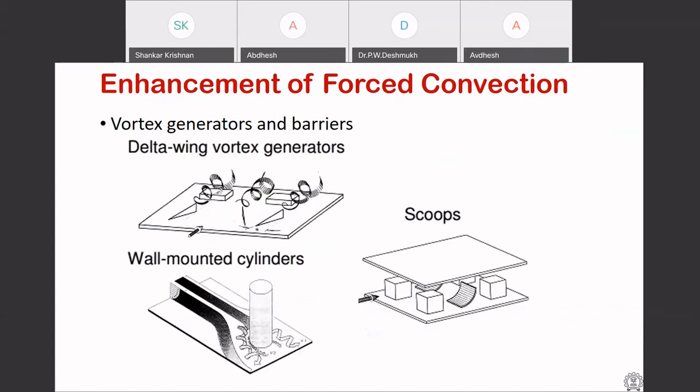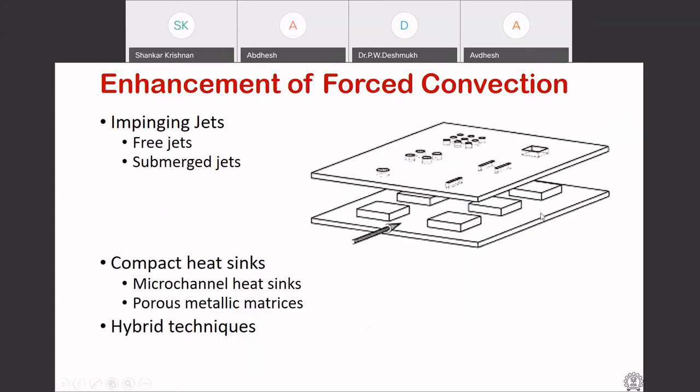So longitudinal vortices not only mix the flow but also enhance heat transfer. There are also something called scoops like this that have been shown to have better performance, enhanced heat transfer coefficients. And then there are jet impingements, foams, and so on. Some of these heat sink techniques I will either start discussing today or do tomorrow.